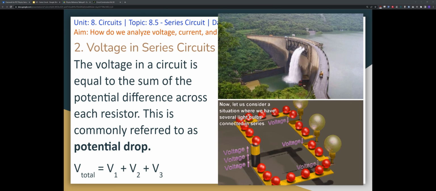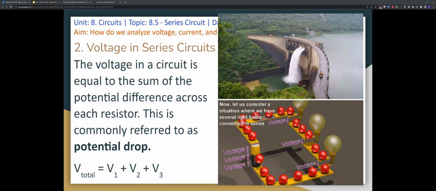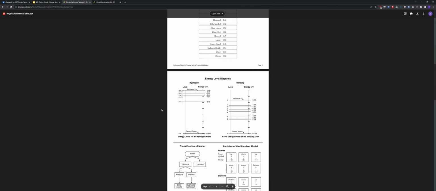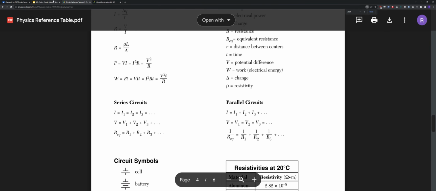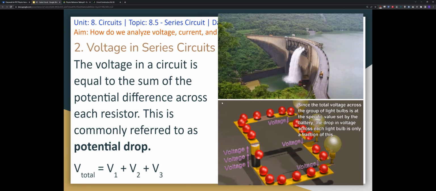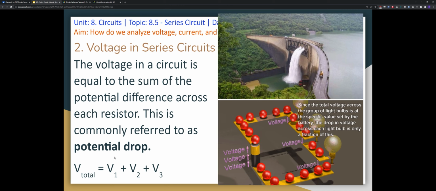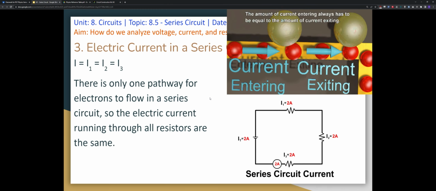My total voltage is equal to the voltage across all 3 resistors, which is the formula at the bottom. You see in series circuits on the reference table that your total voltage is equal to all the individual voltages combined. And that's why we call it potential drop.